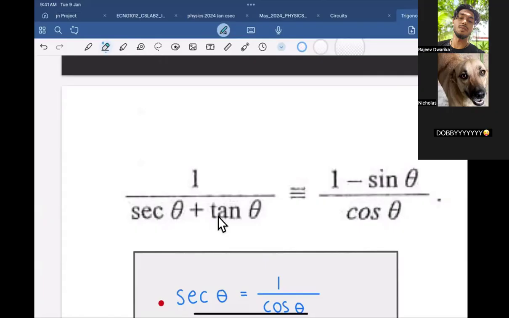When you're doing trigonometric proofs, you're only supposed to have sine theta and cos theta only.